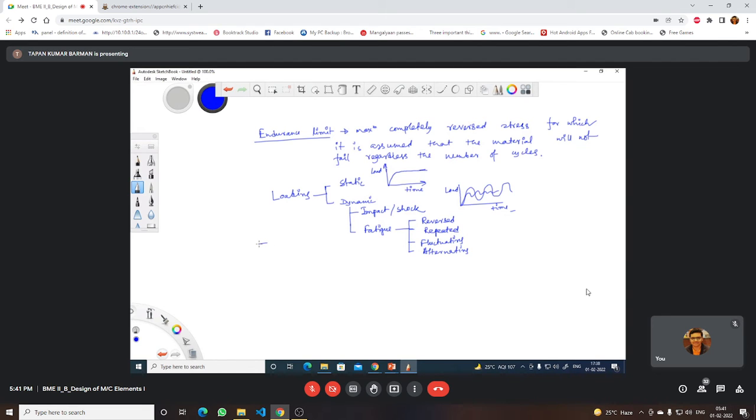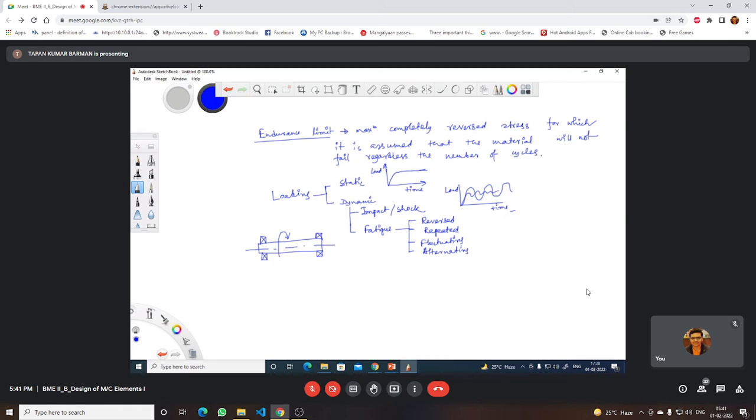Now, what is fatigue? If I take one example like this, probably in our last class also we discussed this thing. If there is one shaft and the shaft is rotating, the fibers of the shaft will experience periodically tension and compression, repeated tension and repeated compression.